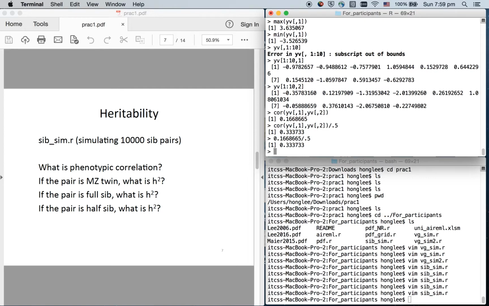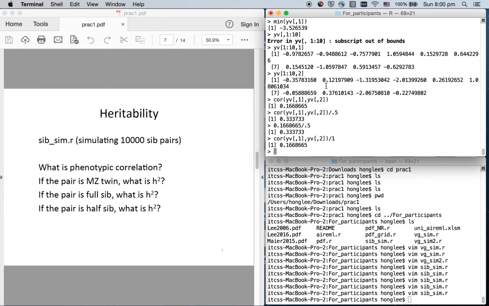And now, what if the design was MZ twins? Then you scale by 1 instead of 0.5. Then what would you guess? Would the heritability estimate be increased or decreased? Let's have a look. So now heritability is decreased, right? Then what if this is half SIP? When half SIP, the sample correlation is now decreased to 0.25.